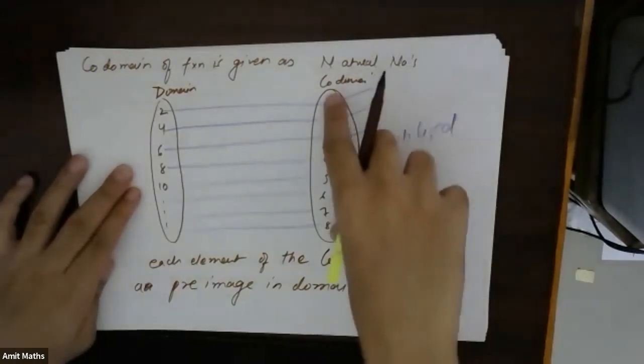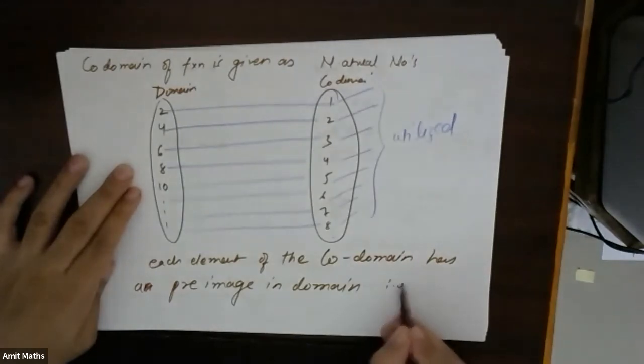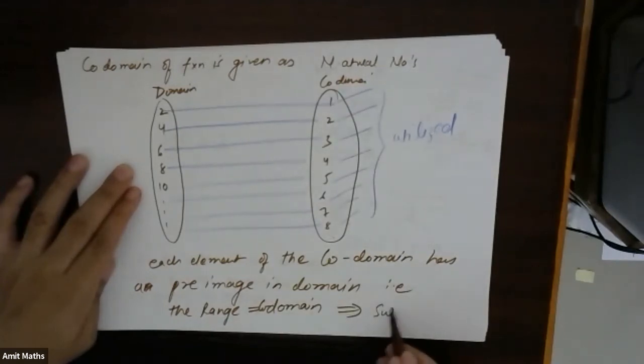If each element of the codomain has its preimage, that means the range will be equal to the codomain. If the range is equal to the codomain, this means the function is surjective in nature.